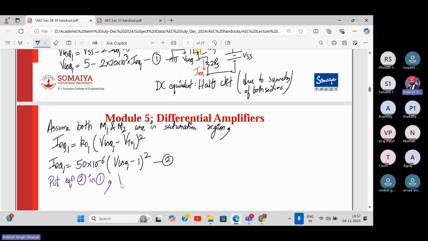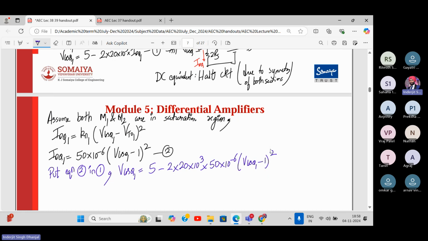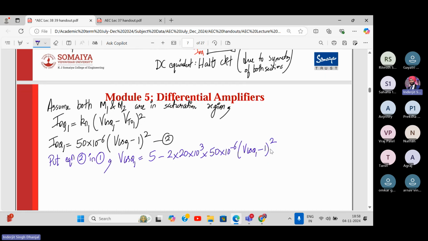So we can write VGS1 is equal to phi minus 2 into 20 into 10 raised to 3 into IDQ, where IDQ is 50 into 10 raised to minus 6 into VGSQ1 minus 1, the whole square. Correct? That is what we have written over here.